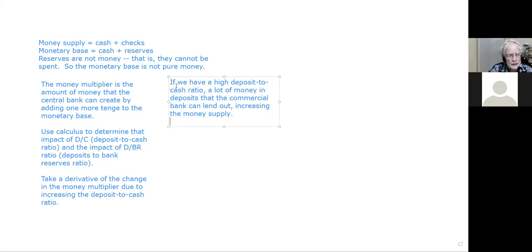So you should find that an increase in the deposit to cash ratio will increase the multiplier.